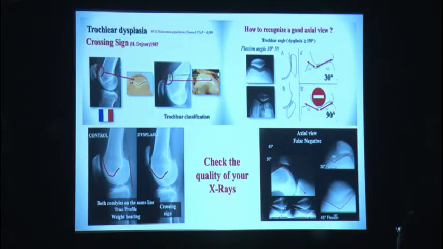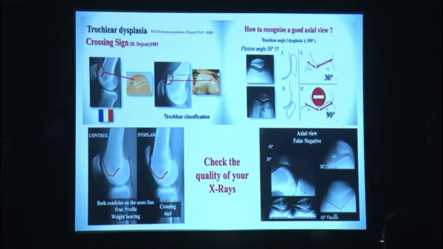And it's not good, because when you have the 30 degrees beam, you will see perfectly the upper part of your trochlea. If you have a 45 degrees X-ray, you will be a little bit lower, where the trochlea is deeper. You will miss the trochlear dysplasia, you will miss the subluxation, you will miss everything.